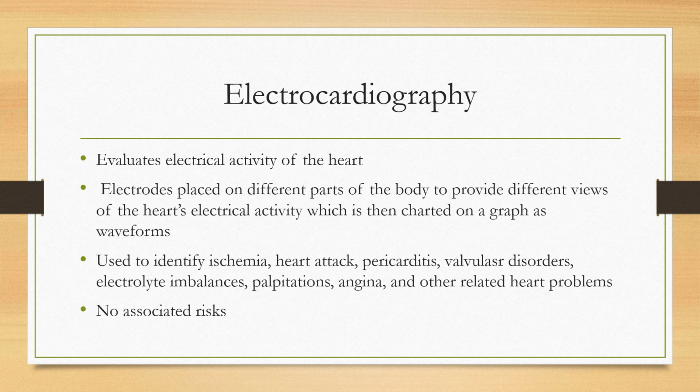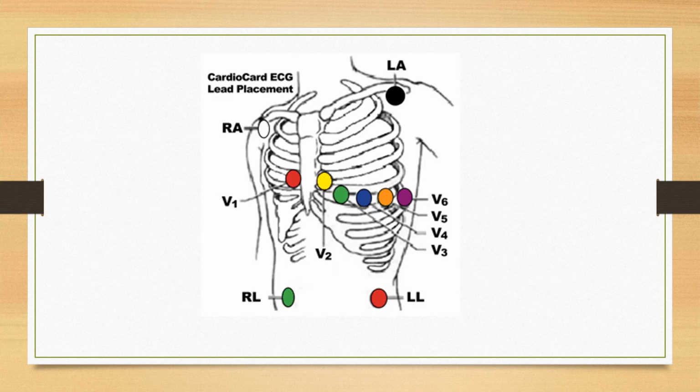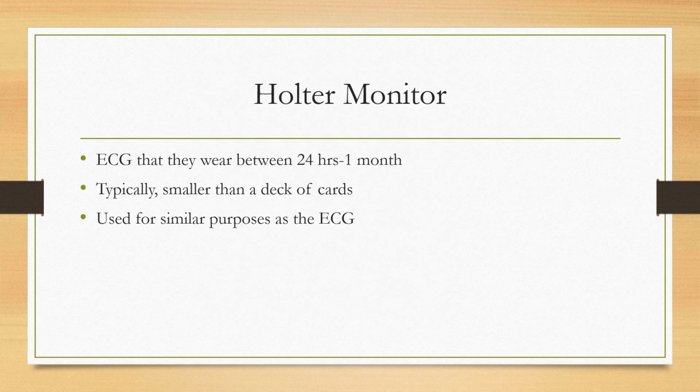And that can be used to help identify ischemia, heart attacks, pericarditis, valve problems, electrolyte imbalances, as well as other issues. This is just an example of the different placements for those EKG leads, and each lead is used because it gives you a different view of the heart to make sure you're not missing any.